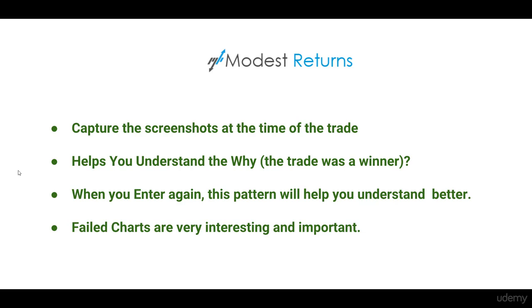If everything looks similar, then you know you have a small edge over others because this pattern worked in the past, and there's a reasonably good chance that it could work again. More importantly, if there was a failed one, which I'm going to show you right now, then you know you've got to be a little more alert about that trade.